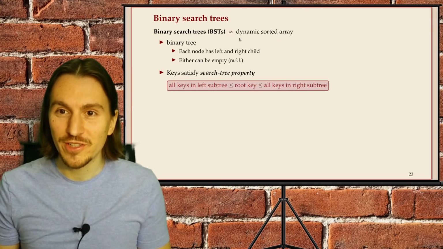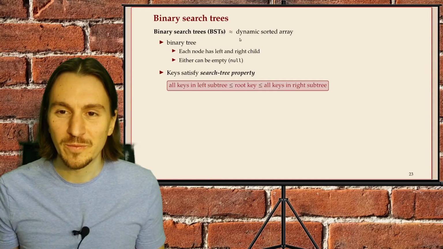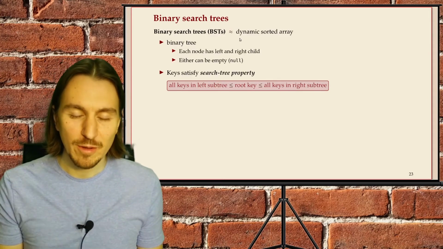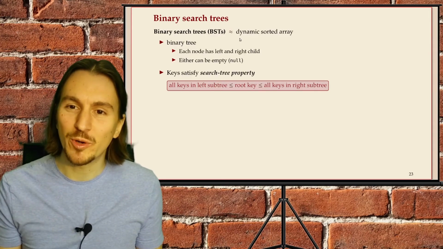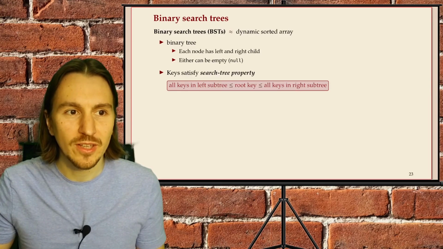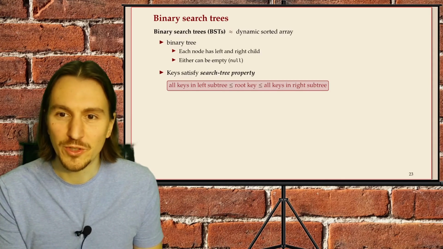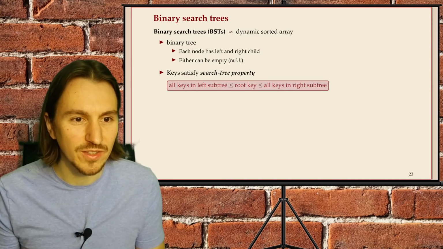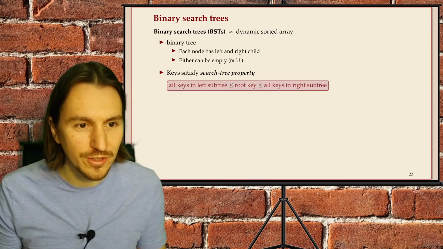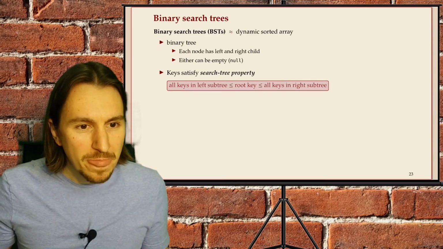So binary search trees are really the solution to take the best of both worlds. A linked representation that allows inserting at any point in time, but at the same time allows the access of an array to jump into the middle. That's the essence of a binary search tree.